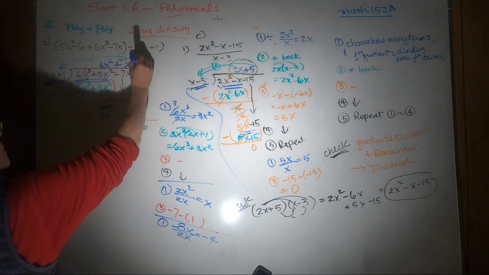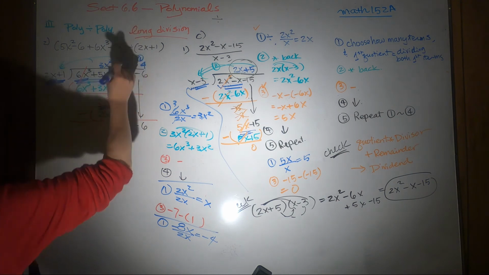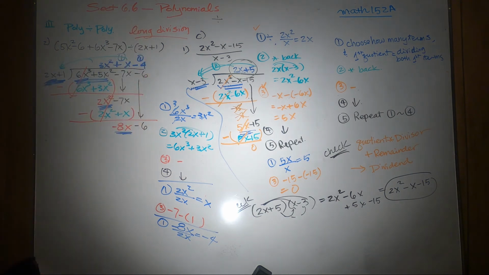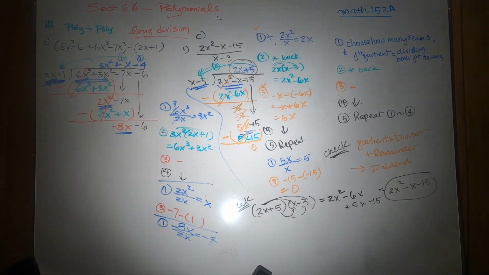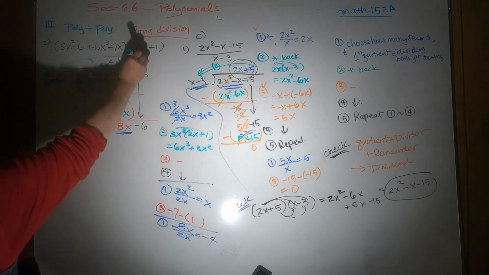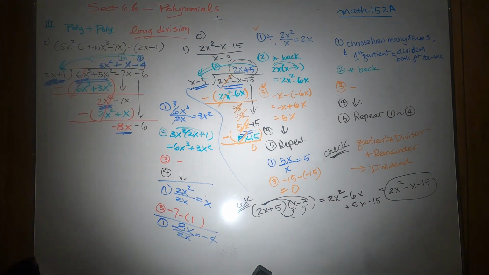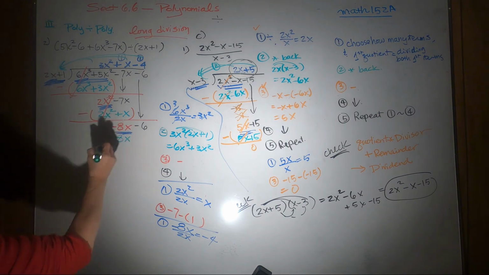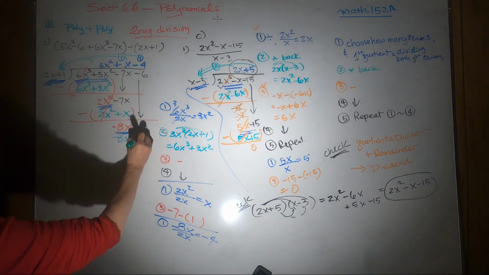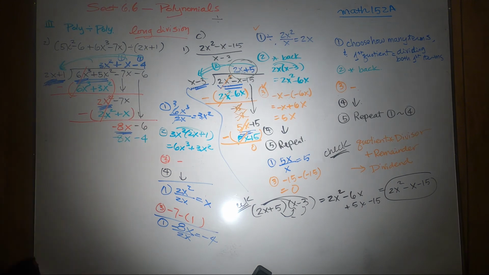So negative 4, that's your another first step. Then you can see when you finish up, it's the last column you will have. Then next step, you multiply back. Negative 4 times 2x, negative 8x. Negative 4 times 1, minus 4.